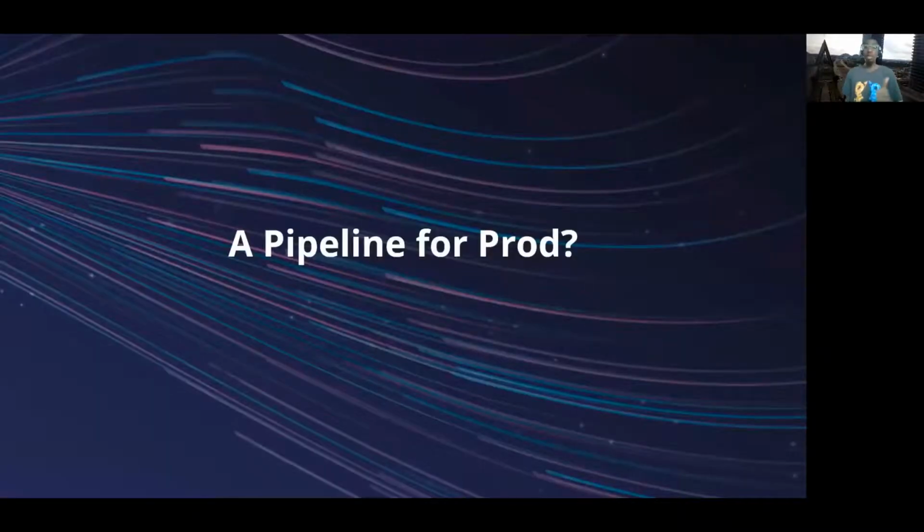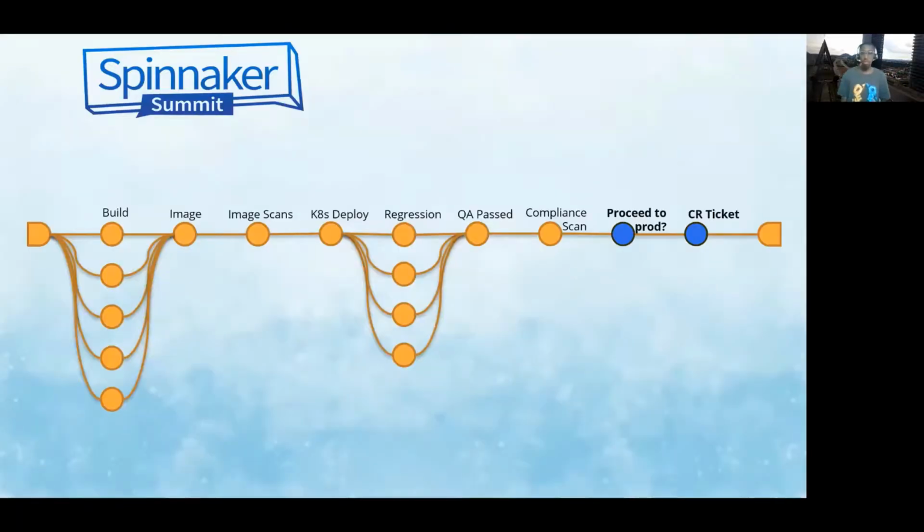So now the pipeline for prod, what would it look like? Before we actually go to the prod pipeline, let's modify our test pipeline. Introduce another manual stage, proceed to prod.